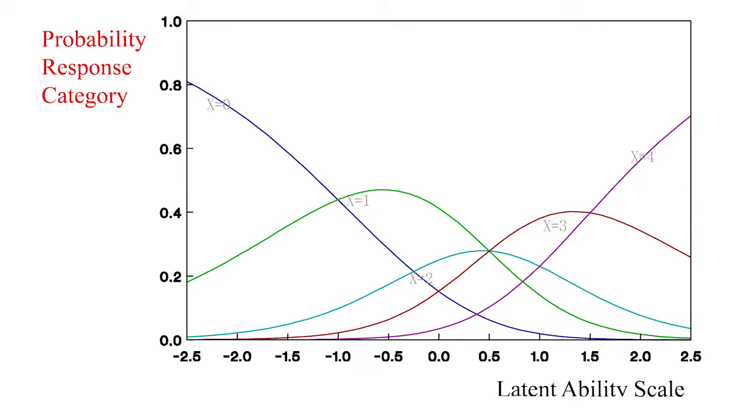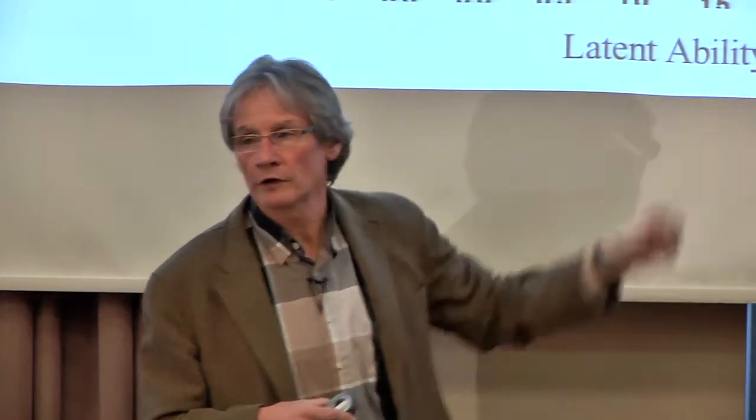Why is that? Because then your proficiency level is so high that you probably score in a higher response category. Okay, so also in that sense, that model is not very sophisticated, but it is quite useful for proficiency measurement.